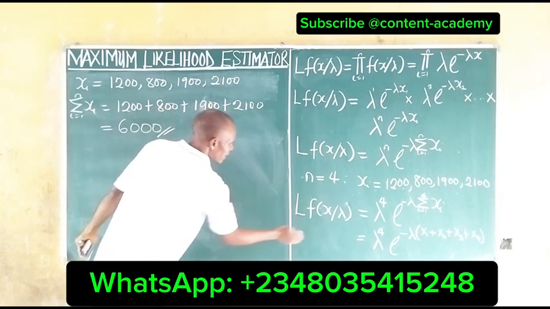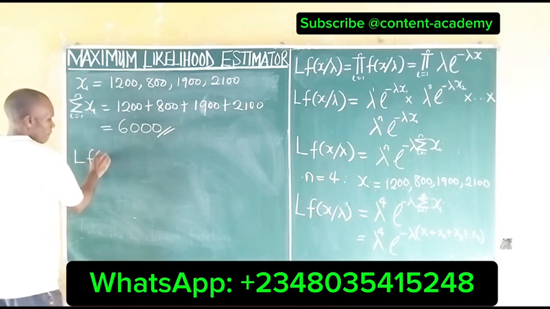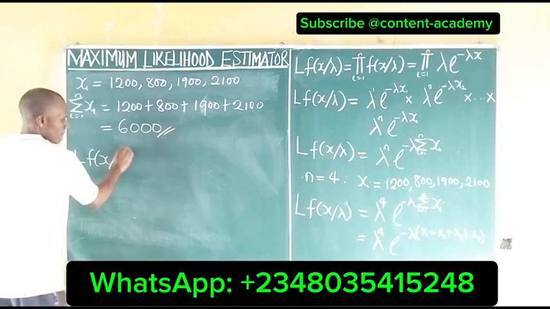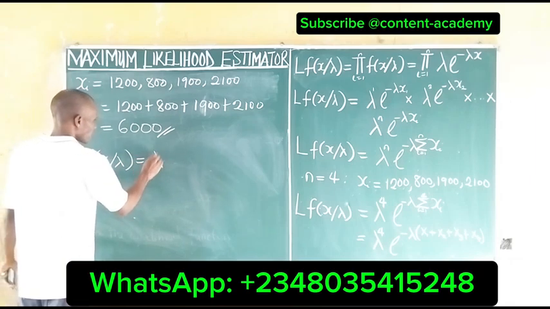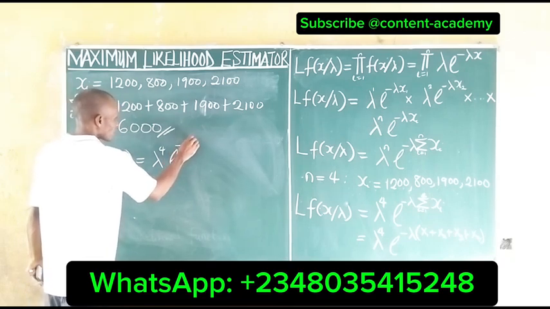That means that we can now write our likelihood function to be lambda raised to the power of 4 exponential negative 6,000 lambda.